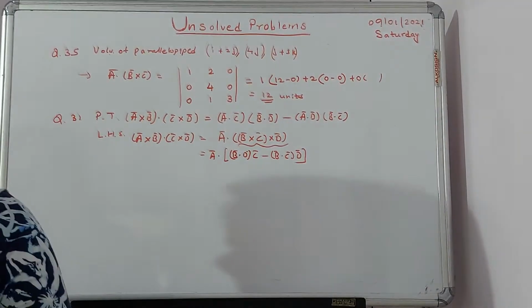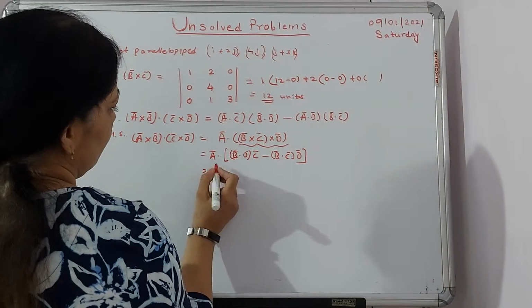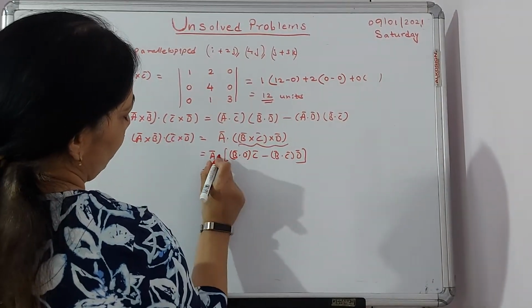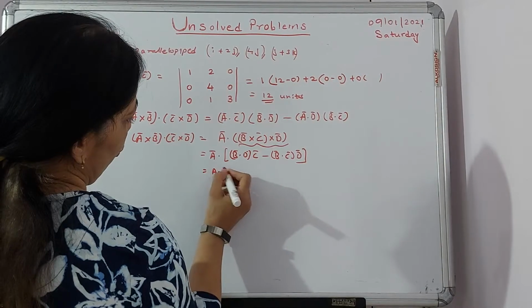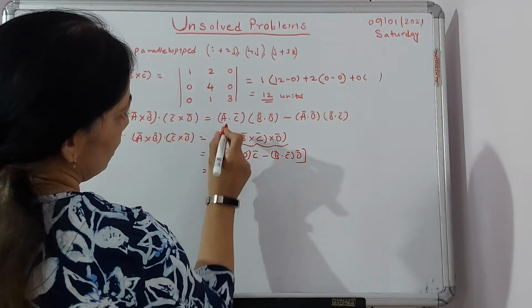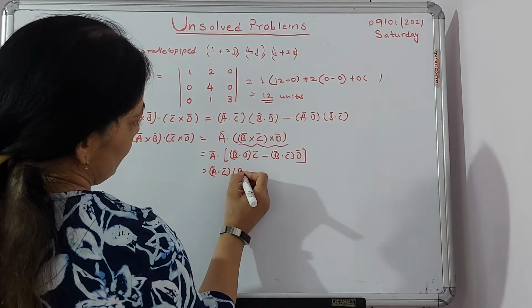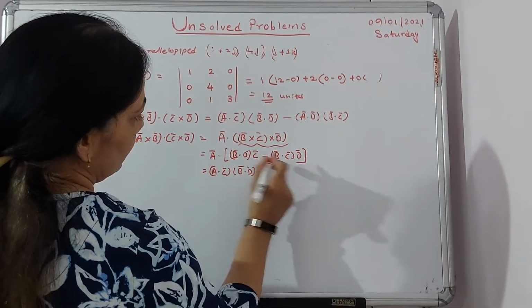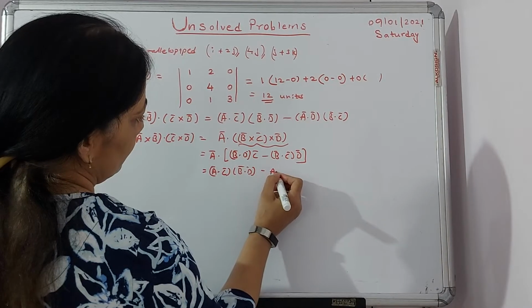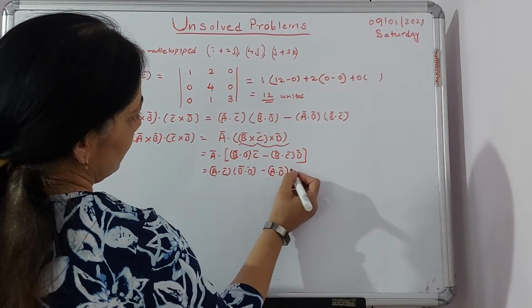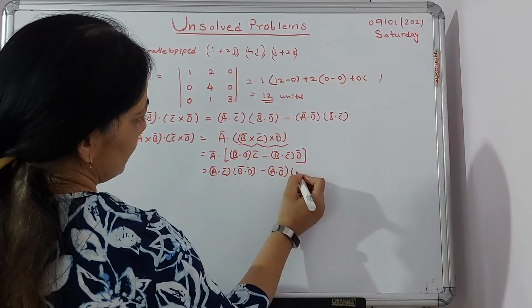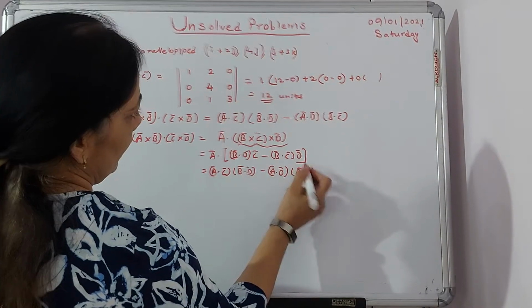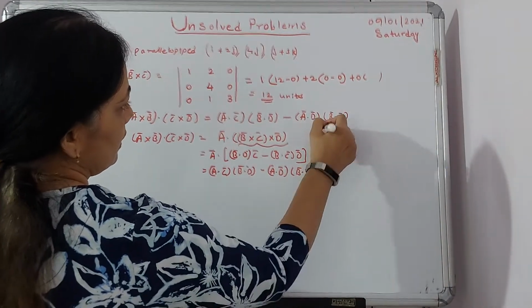Correct. So using this formula, what can we write then? A dot is a dot product. So A dot C in one bracket, B dot D as it is, minus A dot D, and in the other bracket this as it is, and you have reached the RHS.